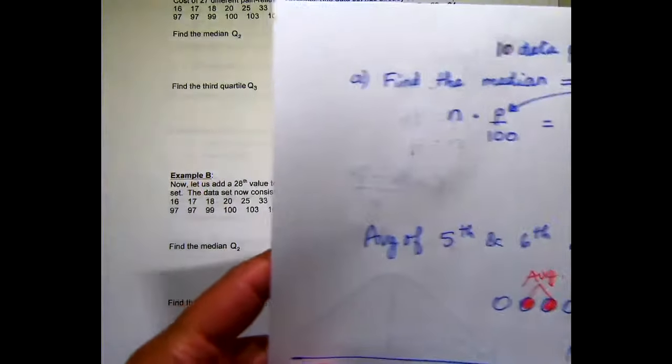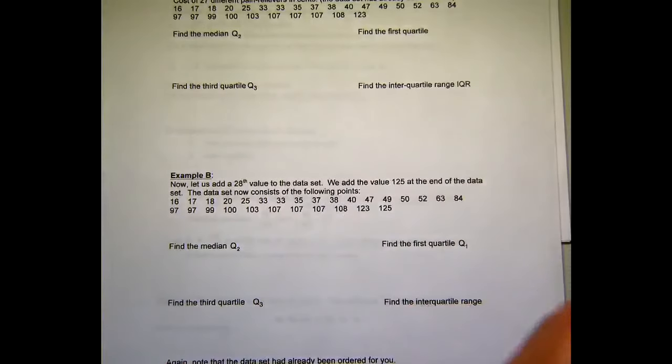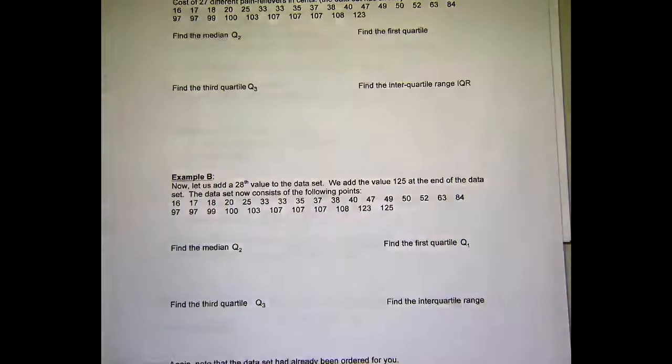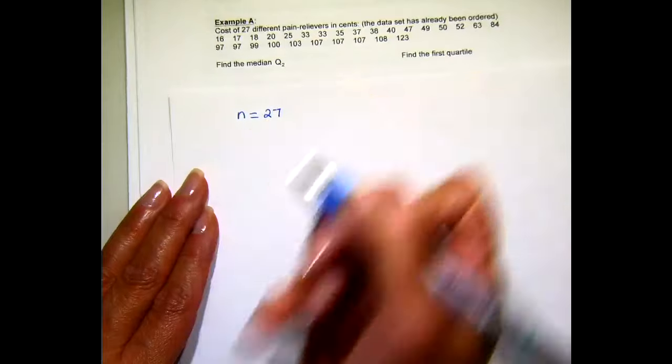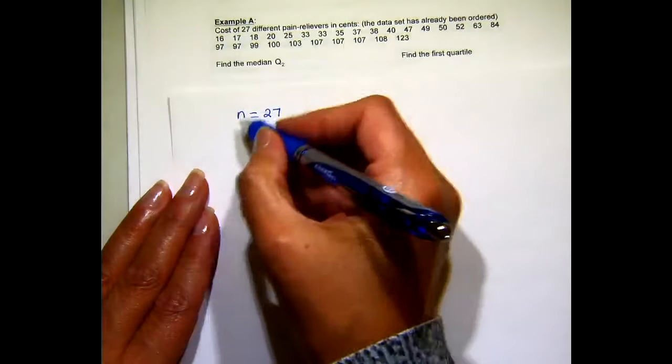Page 29. It says, the cost of 27 different pain relievers in cents is given to you. Find the median. Okay, so I have 27 data points. N equals 27. I want Q2.